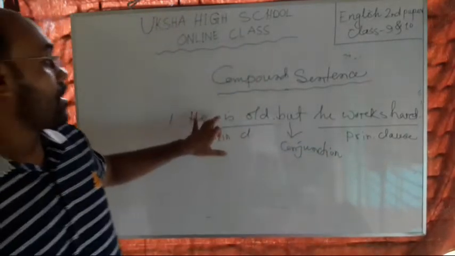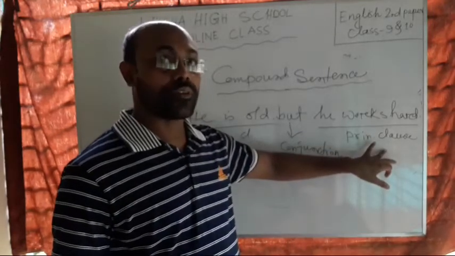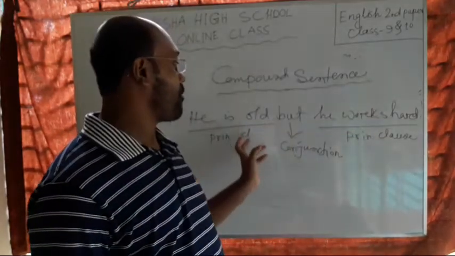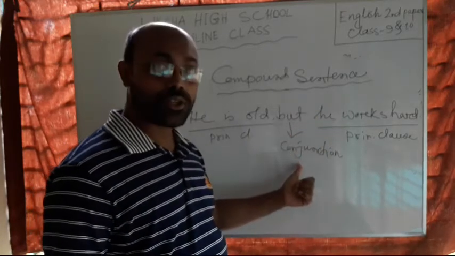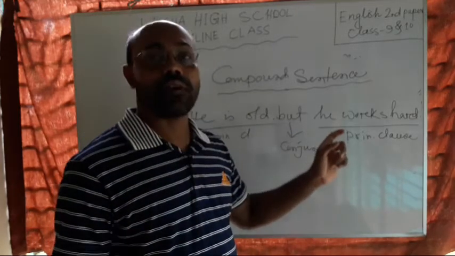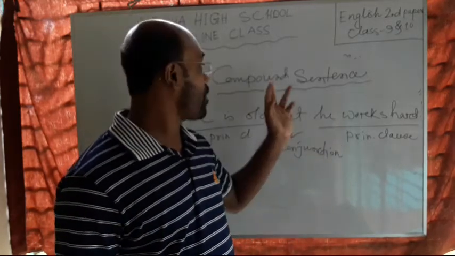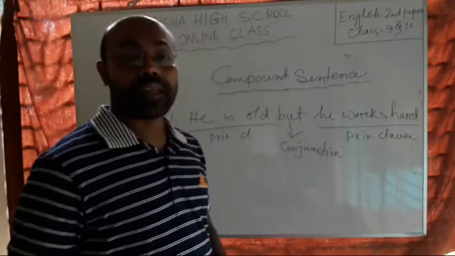"He is old" is a principal clause, and "he works hard" is another principal clause. So we have found two principal clauses and a conjunction or linker. He is old but he works hard. This is an example of a compound sentence. I am giving another example.